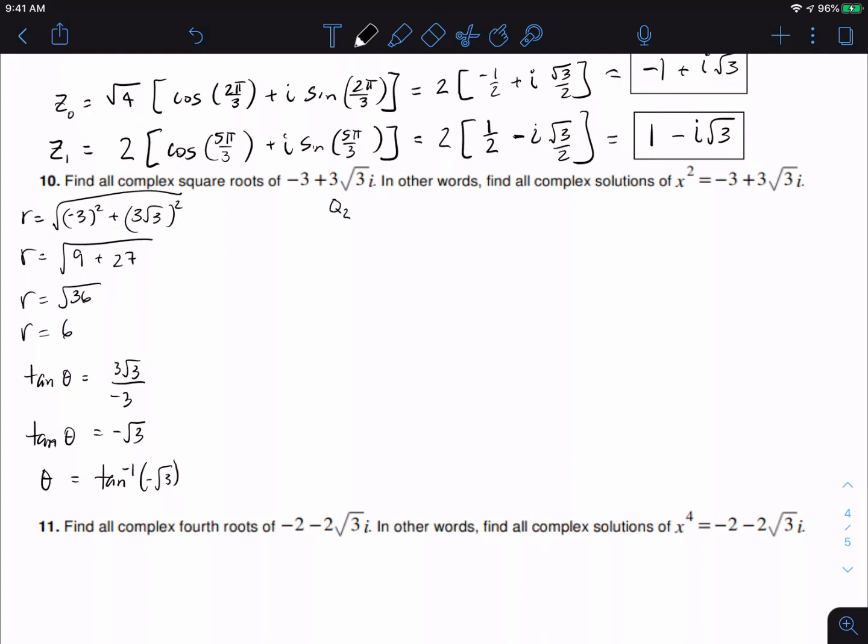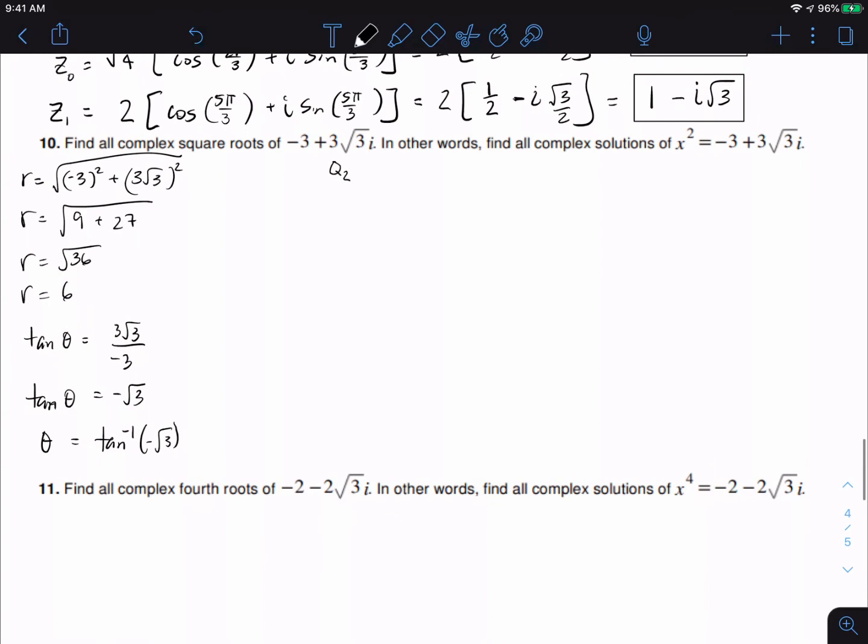So since we have that, and we're in quadrant 2, that tells me that my angle should be 120 degrees. Right? Or 2 pi over 3. Is that the angle that you got?